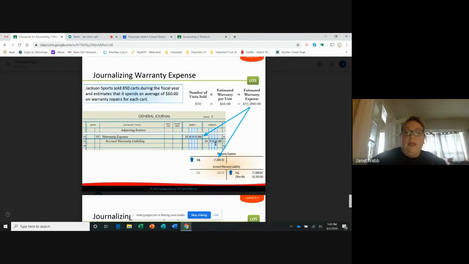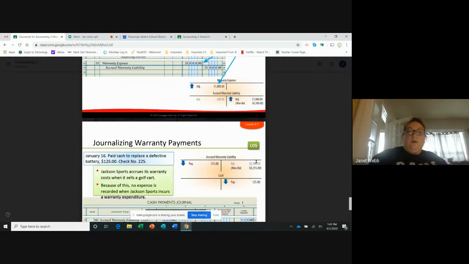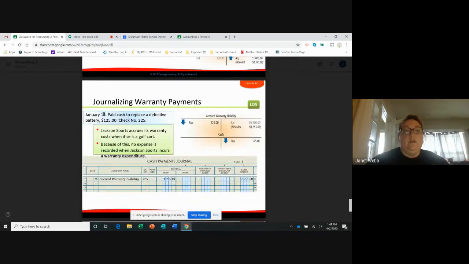That creates an obligation, and that's where that liability comes in. Once it says on January 16th, we paid to replace a defective battery, $125. Well, here's our liability. It says it accrues its warranty costs when it sells a golf cart. Because of this, no expense is recorded. Here's our part of our warranty here, and then it's going to come out in our cash, so it's getting rid of some of that liability.